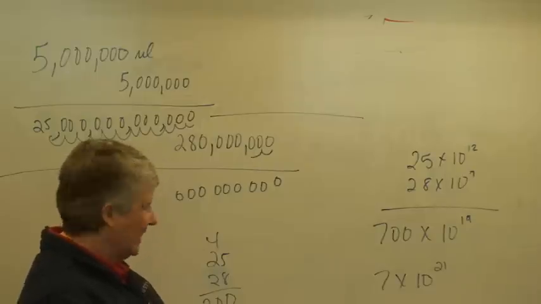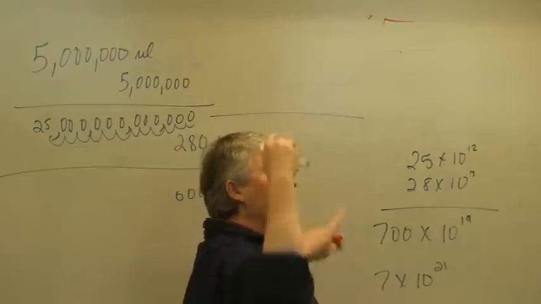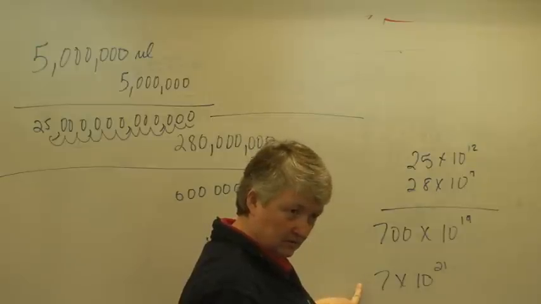And that's how many hemoglobin molecules are in your body in total. Each hemoglobin can carry how many oxygen molecules? 4.